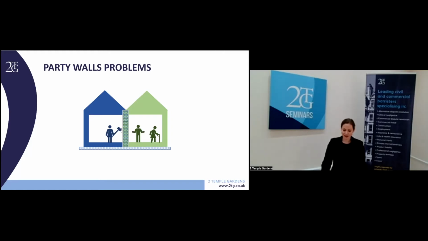Anita is carrying out some renovations to her own property, which require her to work on the party wall, that blue and green wall dividing the two properties. Now, under the common law, any work to the party wall without the consent of the other owner is trespass. So by carrying out renovations to her own house, Anita is leaving herself open to a civil claim for trespass or for nuisance.